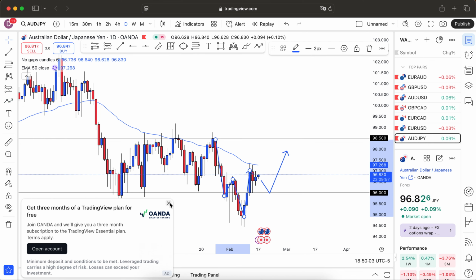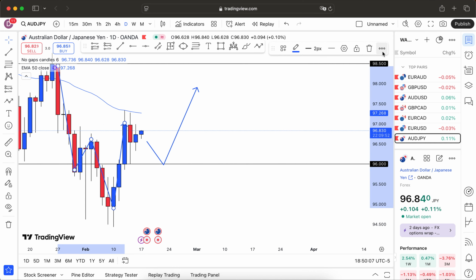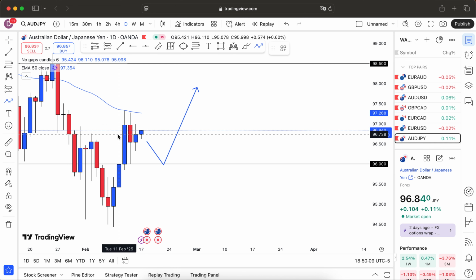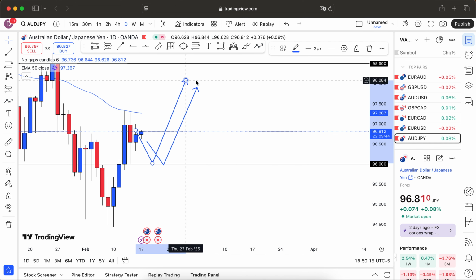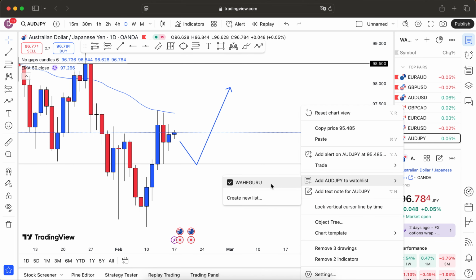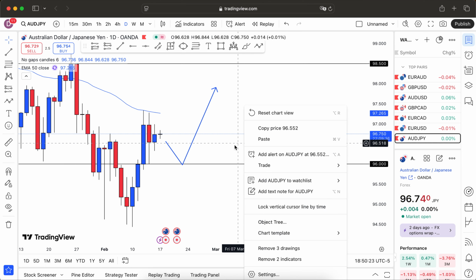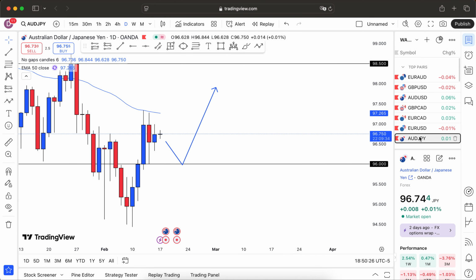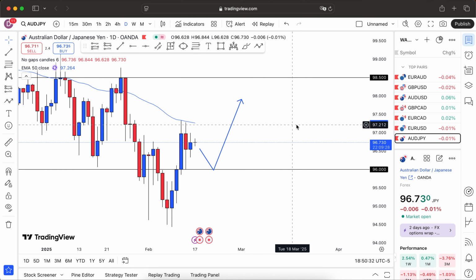So all I'll be waiting for the price to do on this pair is to retrace down to this round psychological of 96,000 for us to then enter into longs. If the price doesn't do that, we're not going to take a trade, okay? So as of now, no trades, nothing yet, but that's our technical analysis for the week of February 16th, 2025.